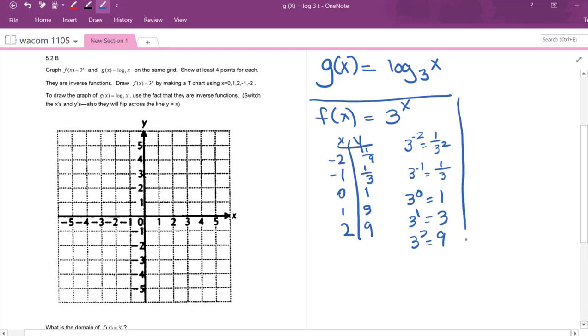Now, to graph my g of x, which is the inverse of this, my base is going to be the same, and I am going to switch the x's and y's. So whatever was y becomes x.